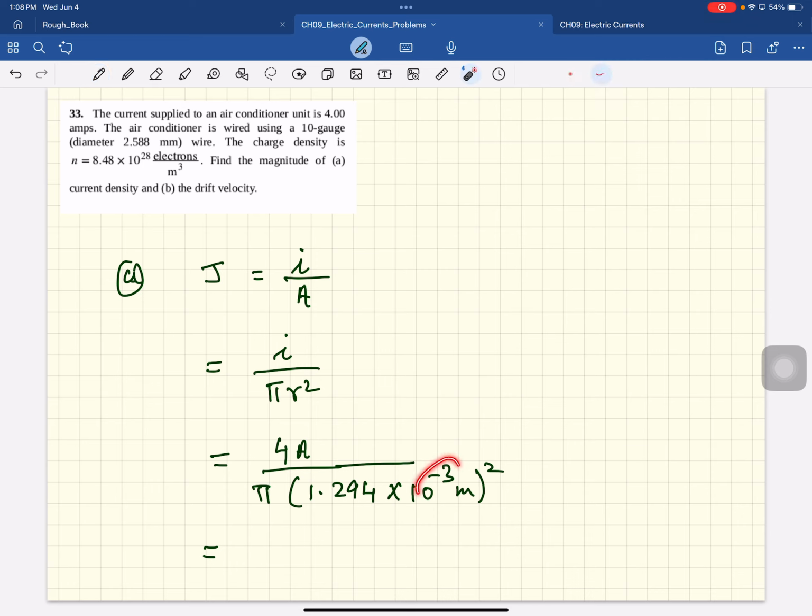And this becomes 10 to the minus 6 coming on top, that becomes 10 to the 6. 4 divided by pi 1.294 squared into 10 to the 6 amperes per meter square.